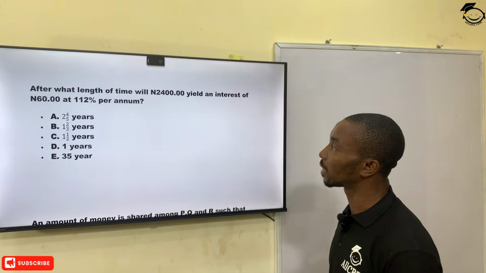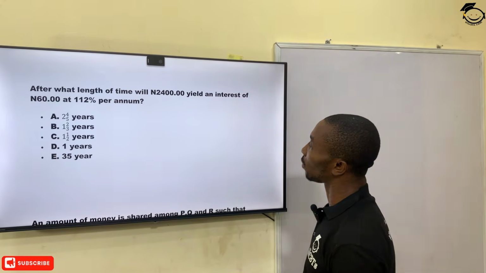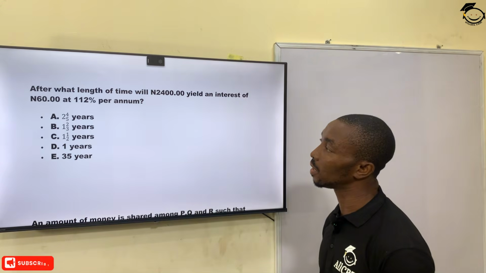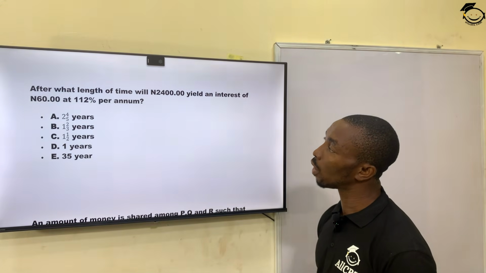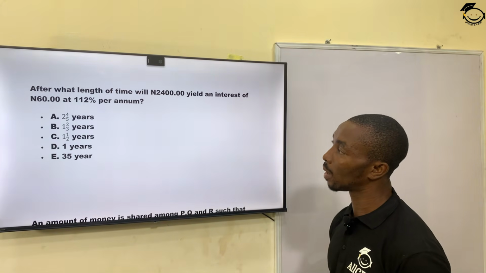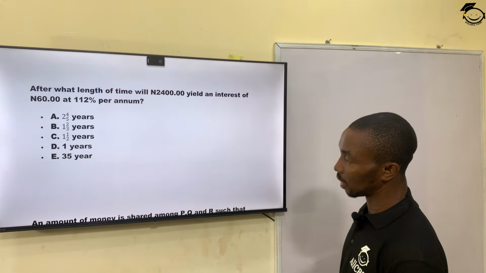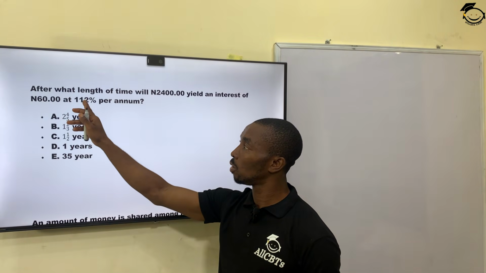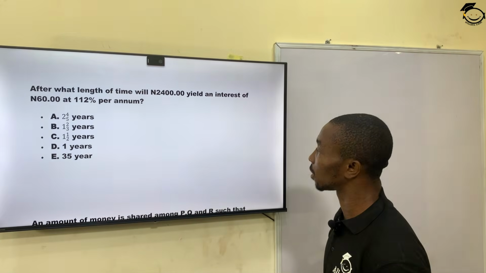After what length of time will 2,400 naira yield an interest of 60 naira at 1/2% per annum? Alright, that shouldn't be 1 1/2%, please. This should be 3/2 or 1.5% per annum.